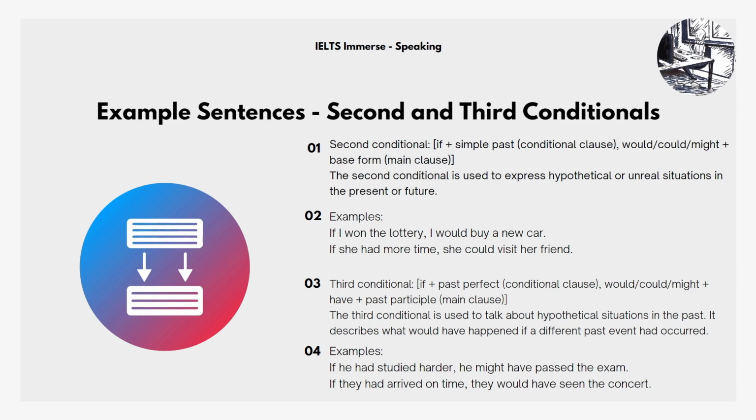If I won the lottery, I would buy a new car. If she had more time, she could visit her friend. Third conditional: if he had studied harder, he might have passed the exam. If they had arrived on time, they would have seen the concert.